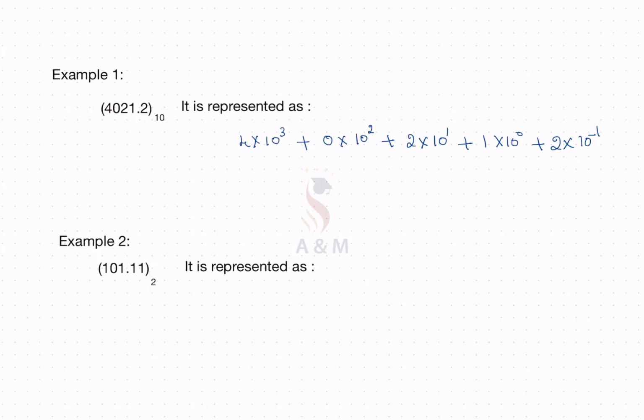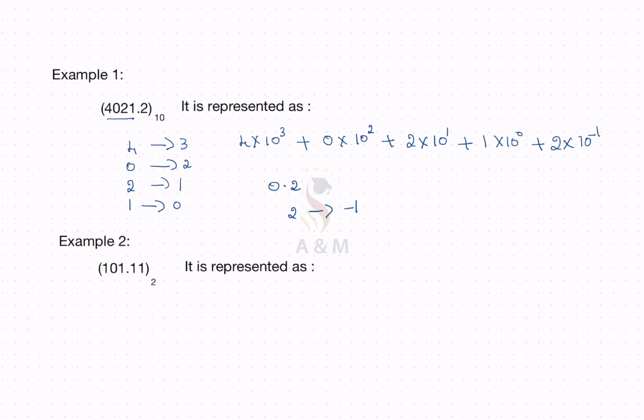First consider the integer part, that is 4, 0, 2, 1. 1 is at the position 0. 2 is at the position 1. 0 in 2. 4 in 3. Consider the fractional part, that is 0.2, where 2 is positioned at minus 1.